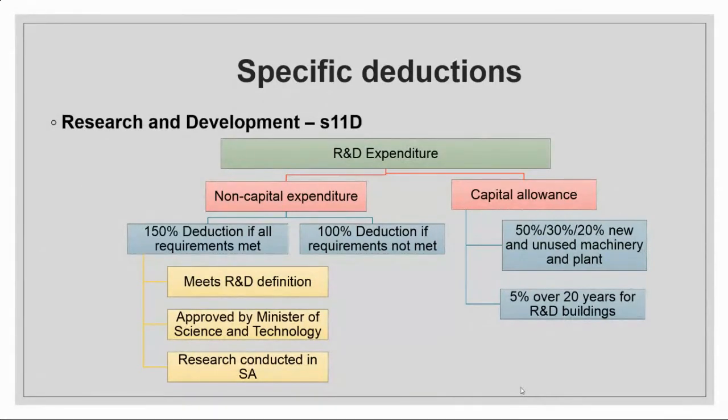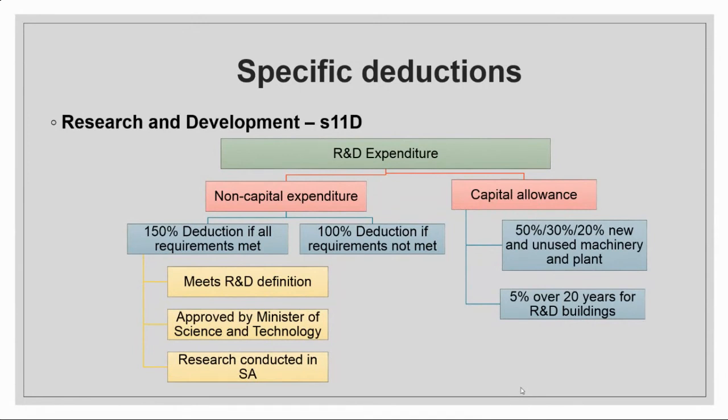So it must meet the definition of research and development, it is approved by the Minister of Science, and it was conducted in South Africa. Now, in a question, you can assume it meets the definition, but they need to specifically tell you that it is approved by the minister and the company is located in South Africa for the other two to be met.